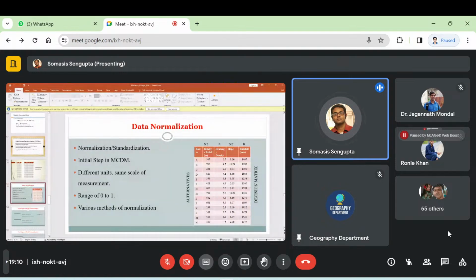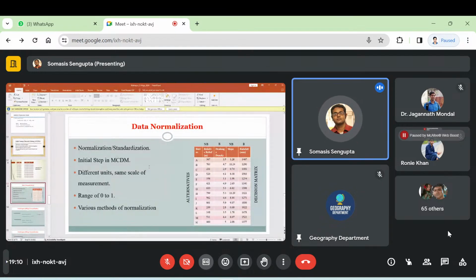And slope and relative relief are non-beneficial factors because they inhibit flood occurrence. Now you see these data, the parameters are of varying units, and the scale and range of parameters is different, where rainfall ranges from 1200 to 1500 millimeter, and slope ranges from 0.74 to 11.24.